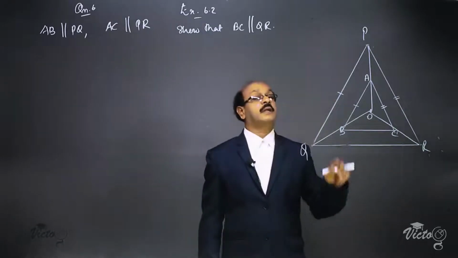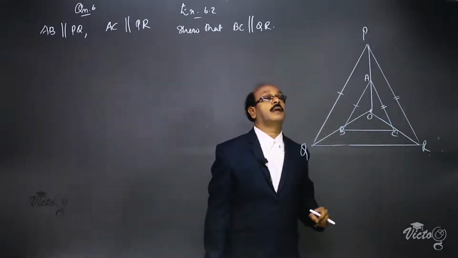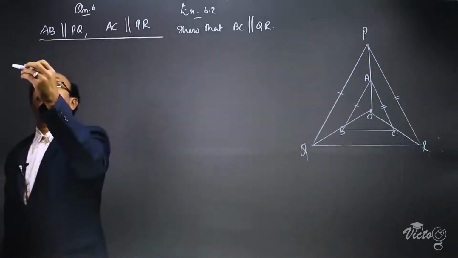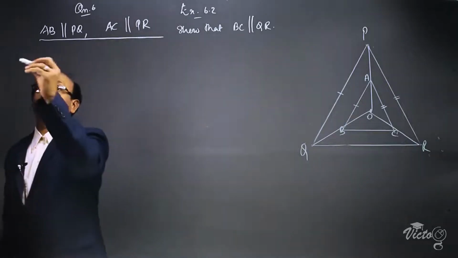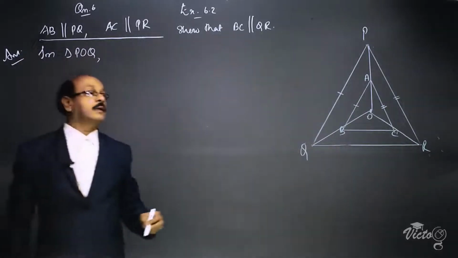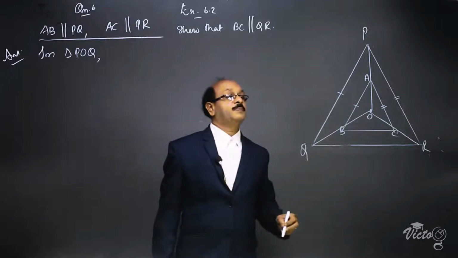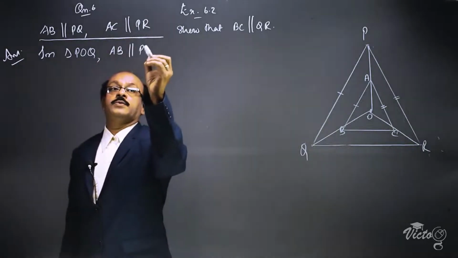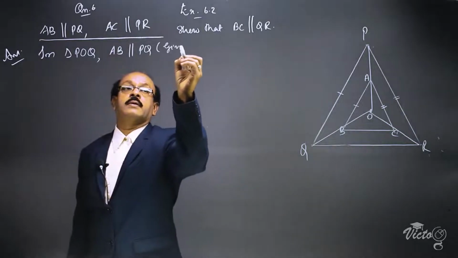We are considering triangle POQ. In triangle POQ, AB is parallel to PQ. It is given.